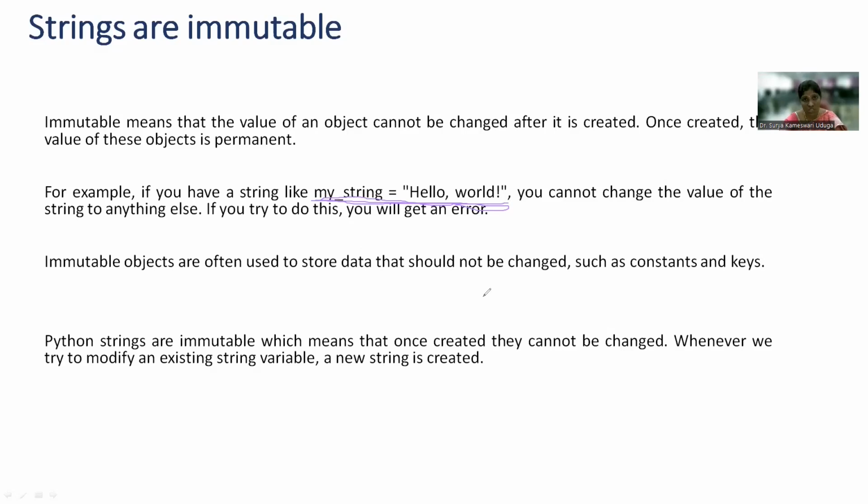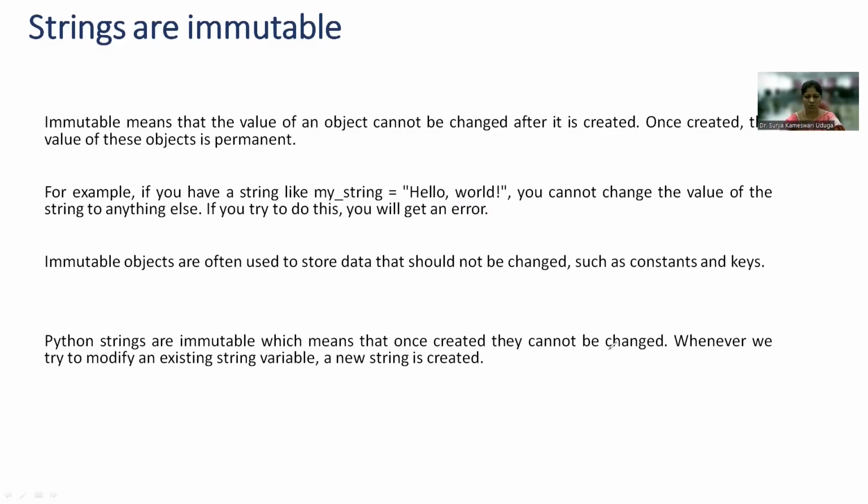If you try to change the value of my string, it gives an error. An immutable object holds data that should not be changed, such as constants and key values, so we store those as immutable objects. And Python strings are immutable, which means that once created, they cannot be changed.